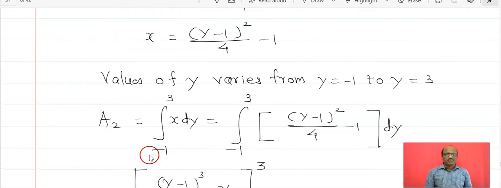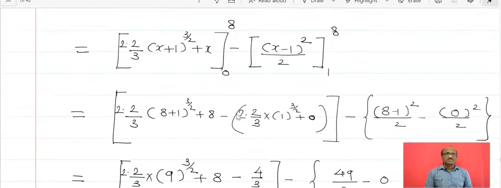This is A2, x equals minus 1 to x equals 3, sorry. We take the variable as y, and therefore the value of y varies from y equals minus 1 to 3.